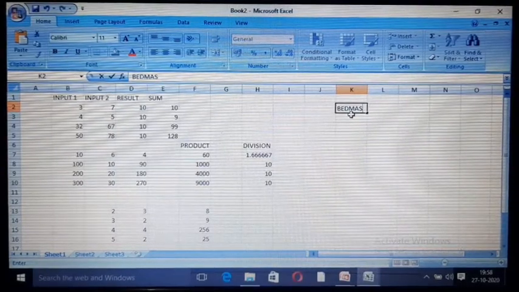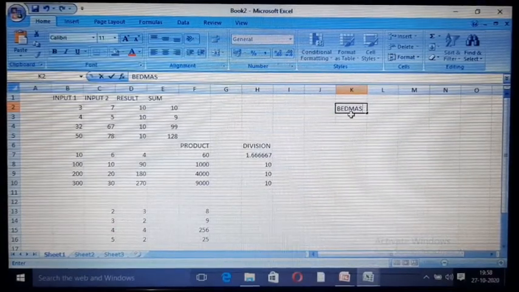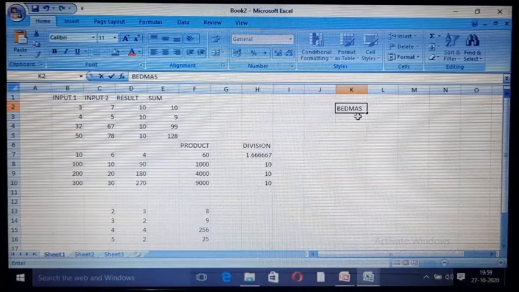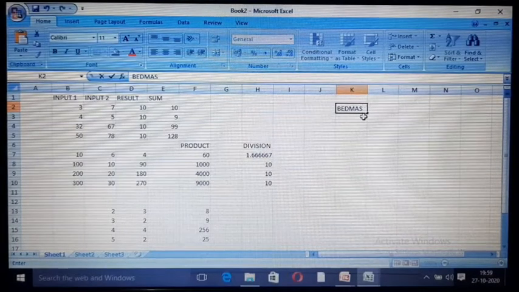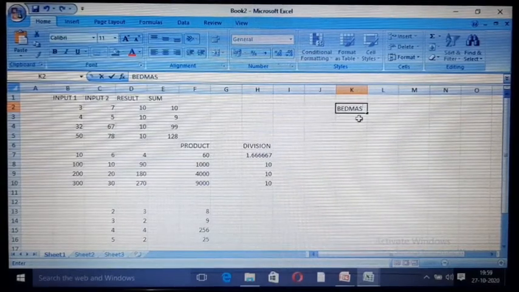Division and multiplication have the same priority and addition and subtraction have the same priority. We will use this BEDMAS rule in Excel.